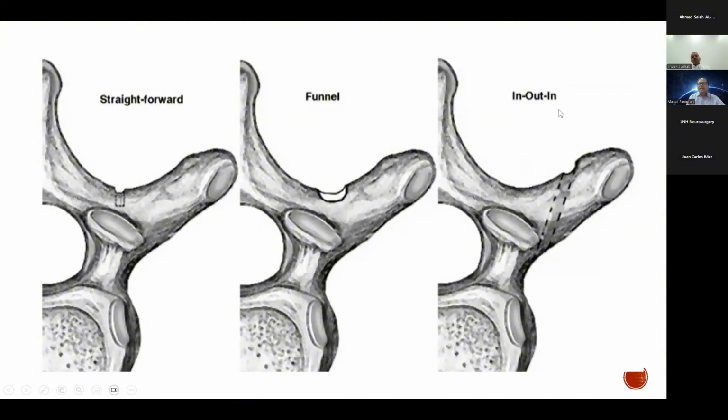And one can go in, out and in, when one goes through the transverse process, comes out at the level of the pedicle, and again enters the body. So there are 3 techniques.